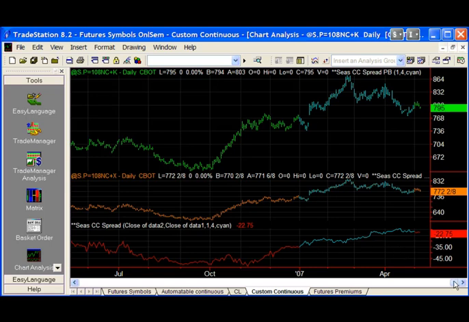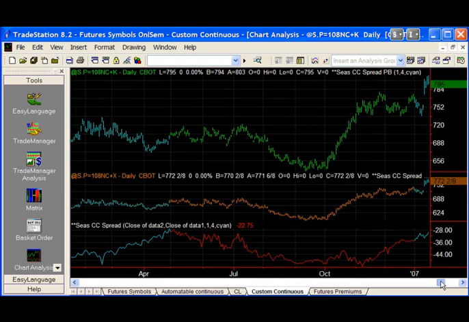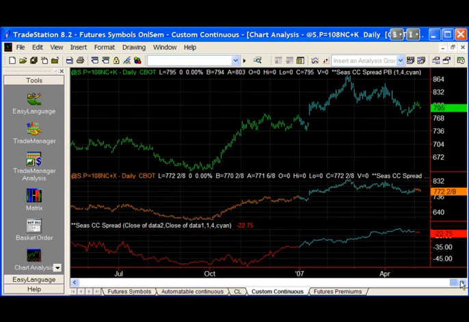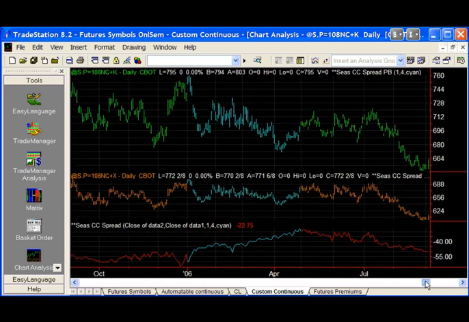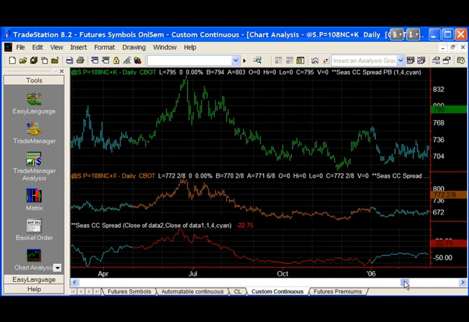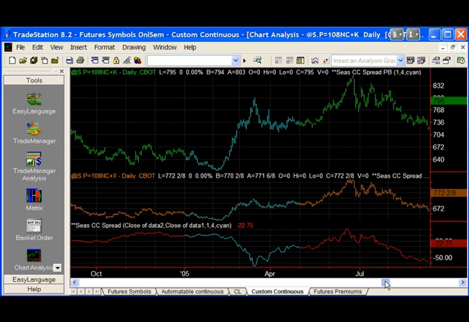Now by doing this on a daily and loading in a lot of data, I could see this was the early part of '07, '06, '05, and I can go back and examine that seasonal during that period, because I've been able to isolate just the Mays, just the Novembers, and then calculate the spread difference and include the coloring.